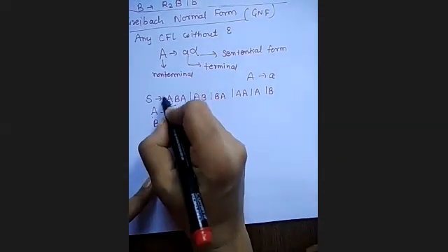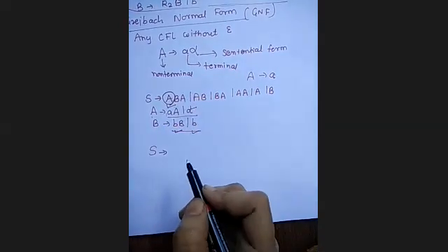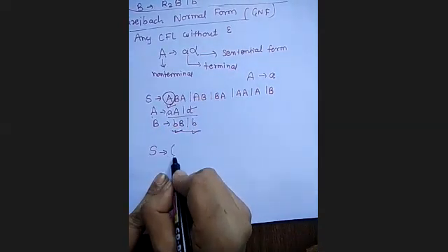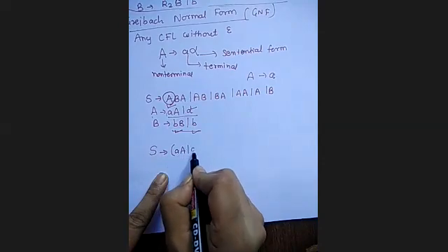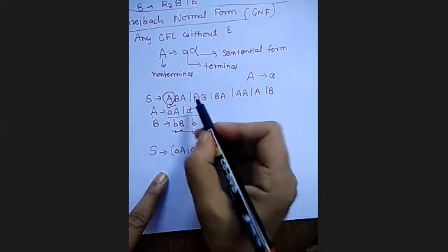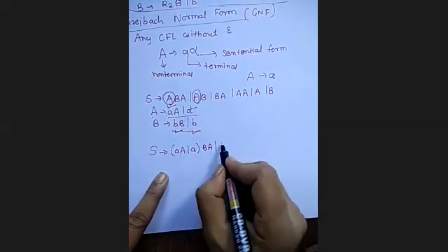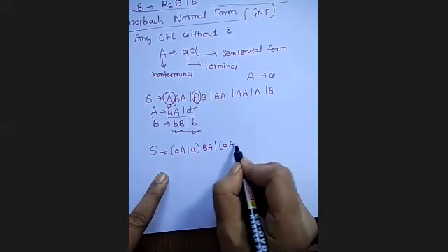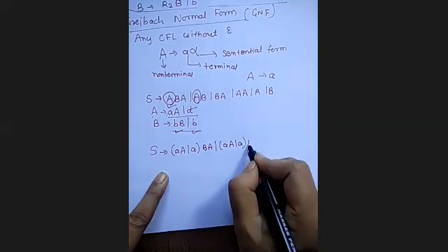So here, if I replace this A, initially I'll write aA or a, and the remaining part is as it is. Similarly, this A I will replace by its right hand side, that is aA or a.